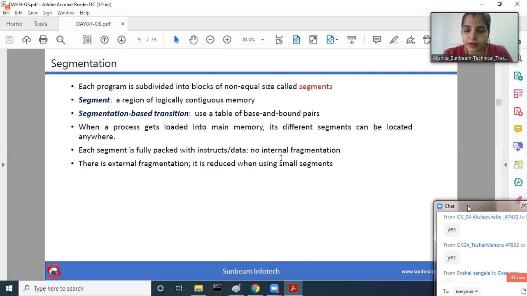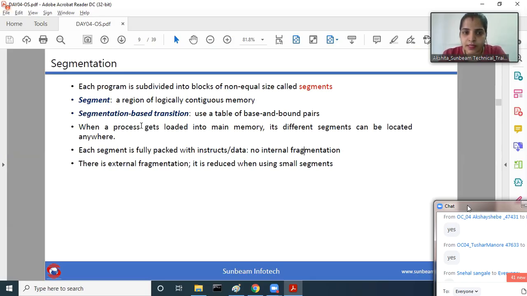So segmentation basically divides memory into blocks of non-equal size, which are called segments. What is a segment? It is a region of logically contiguous memory. Since segmentation is basically dynamic memory allocation, it uses base and bound pairs.